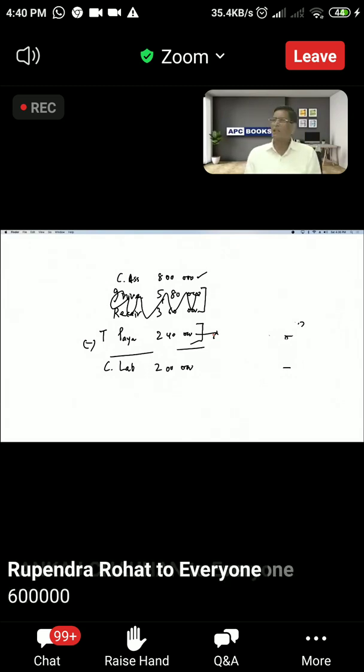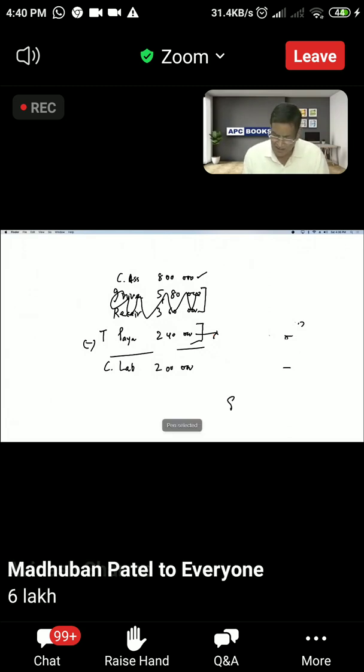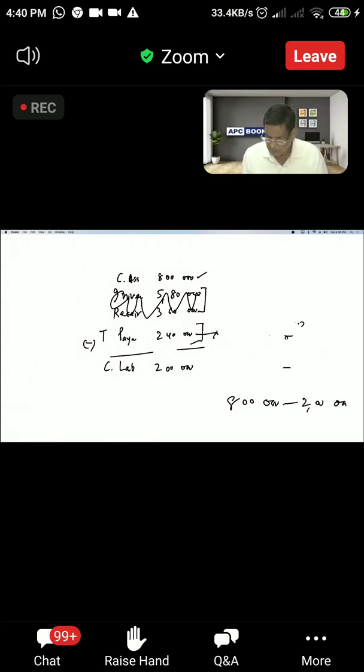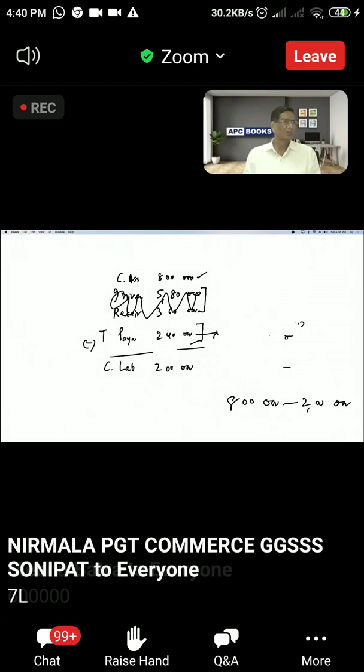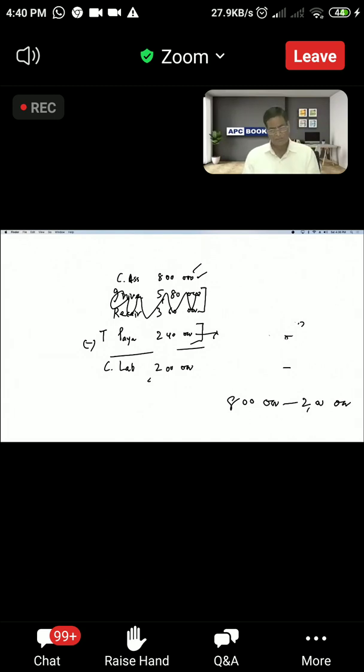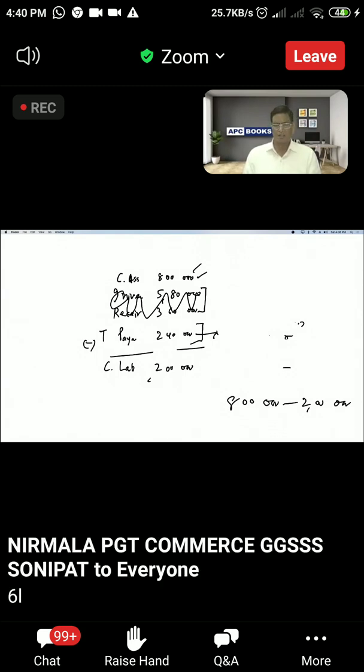And we have to calculate working capital. Simple. Current assets 8 lakh minus current liability 2 lakh. All items like inventory, receivables, trade payables are ignored, because the formula is current assets 8 lakh, current liability 2 lakh, working capital 6 lakh. Certain items are to be ignored, I emphasize.